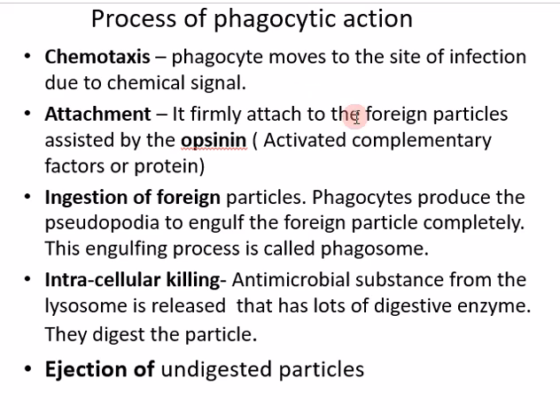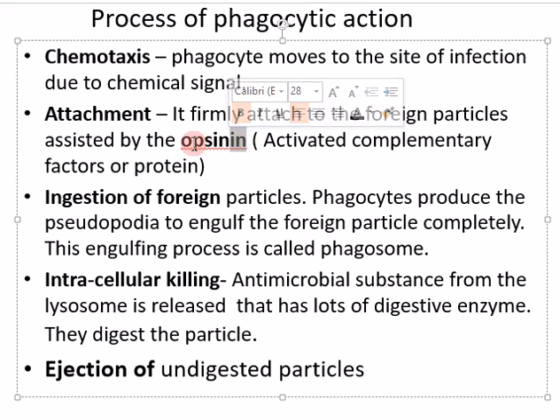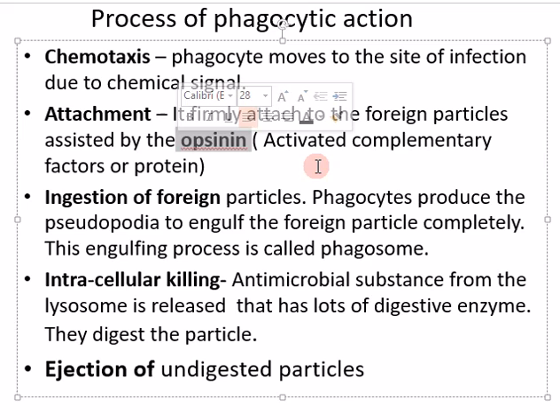Once the foreign particle is attached to the phagocytic cells through opsonins. Opsonin is a protein that is present on the phagocytic cells that allows the foreign particle to attach to the phagocytes.